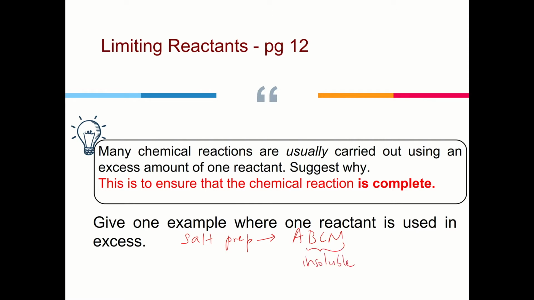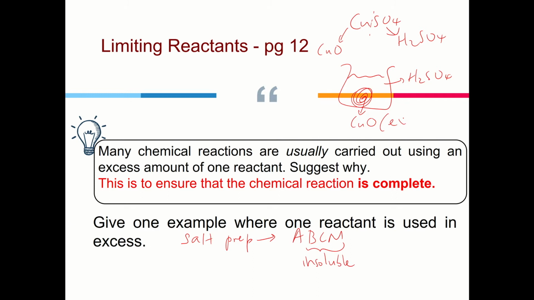For example, I want to make copper(II) sulfate salt. I use H2SO4 acid and copper(II) oxide. I have my beaker of copper(II) oxide and I add my H2SO4. My copper(II) oxide is in excess, so the acid is my limiting reagent.